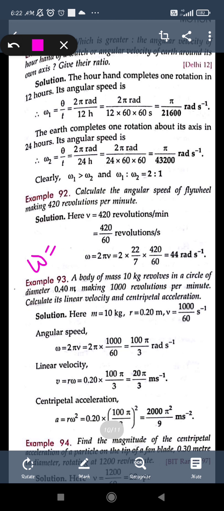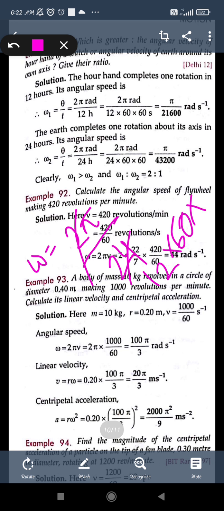Similarly, for the earth, since it takes 24 hours, it is 2 pi upon 24 into 60 into 60, which gives pi upon 43200, and it will also be radian per second.